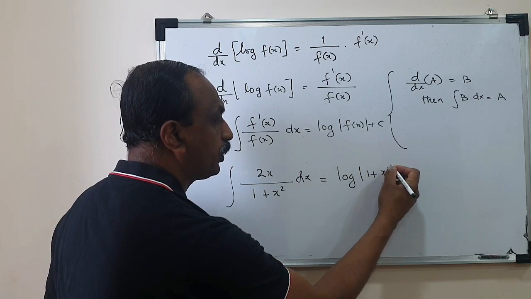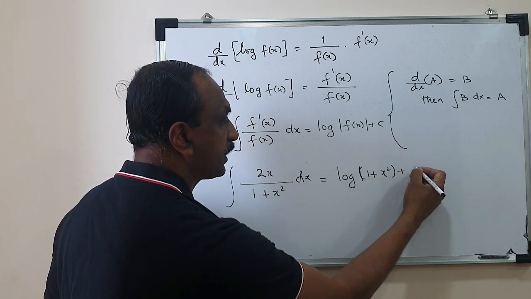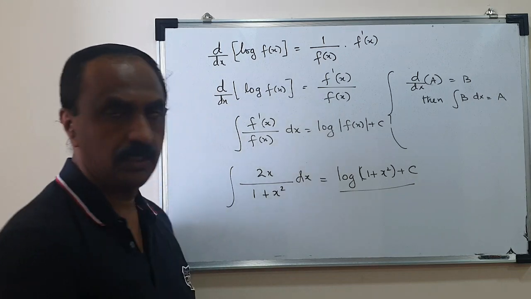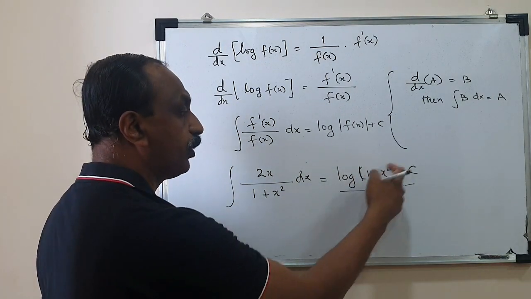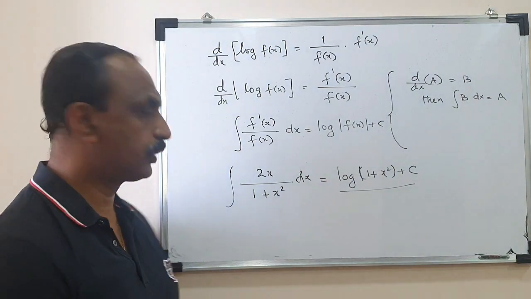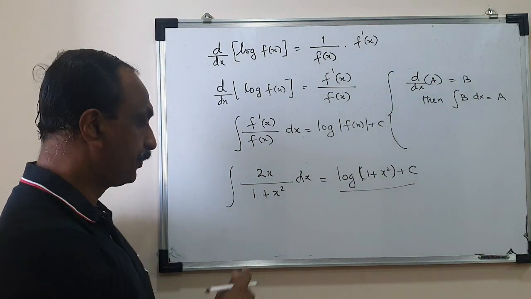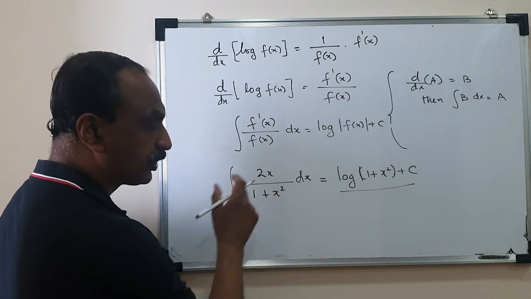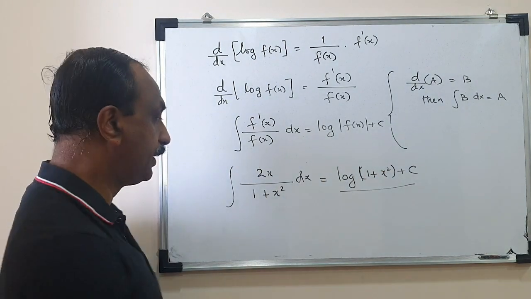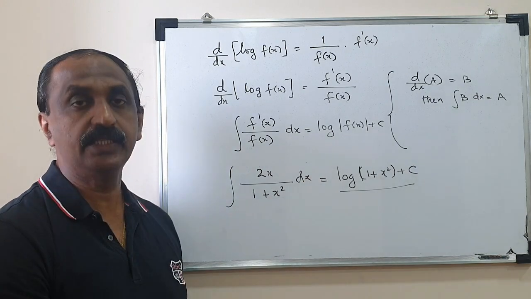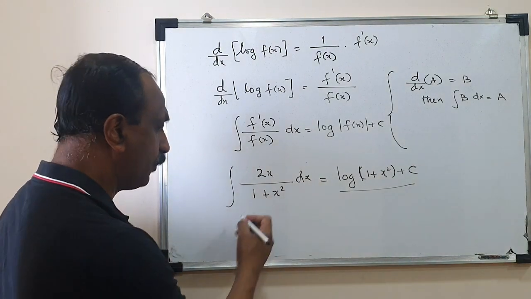Here you may not put the modulus because 1 plus x square is always positive, so I have not written the modulus. Even if you put the modulus, it's okay. There's no problem about it. So what you need to check? If the denominator's derivative is the numerator, I can directly write the answer as log of the denominator. So this is a very easy method to learn and apply.